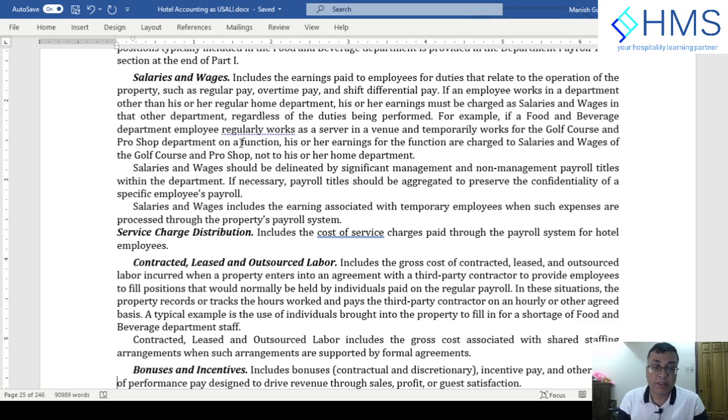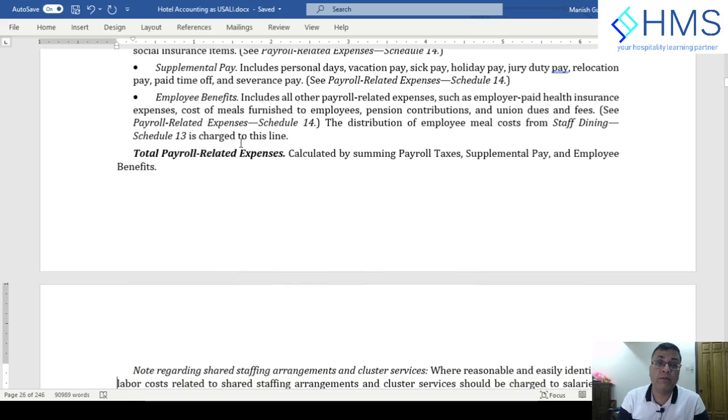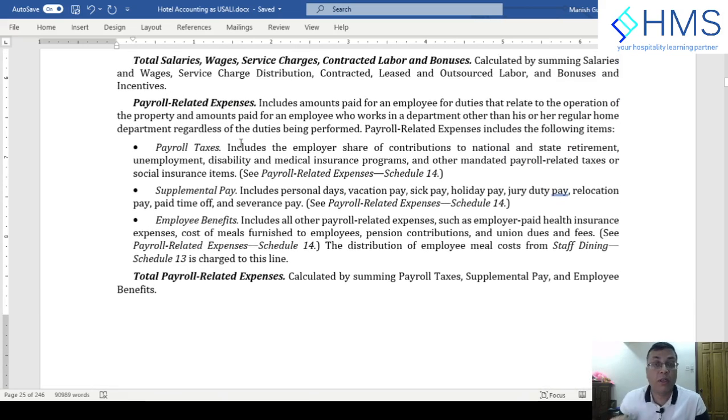The next line item in the labor cost is bonus and incentive. So it's the bonus and incentive related to those F&B staff, which is straightforward. Then you have payroll related expenses, which includes payroll tax, usually related to social security contribution, or the retirement, unemployment contribution, disability, medical insurance, which is paid to the government. They will be included in the payroll tax, because they usually are related to the employment and the payroll, as a percentage of payroll.